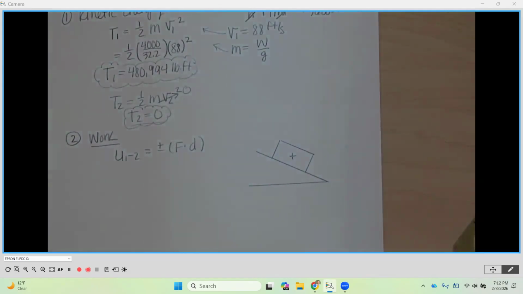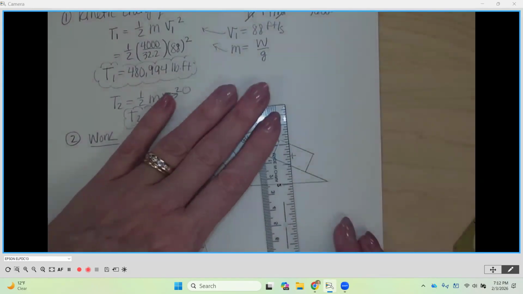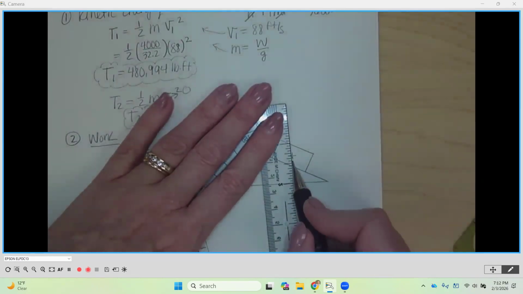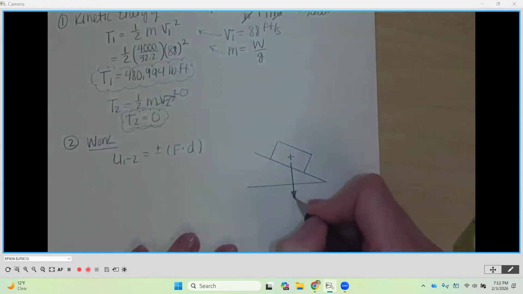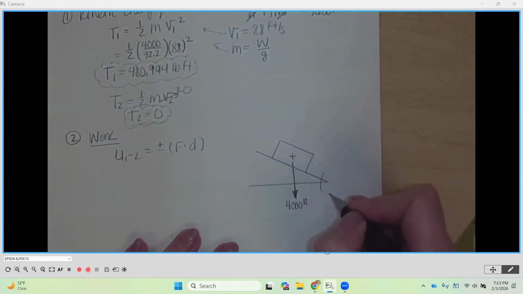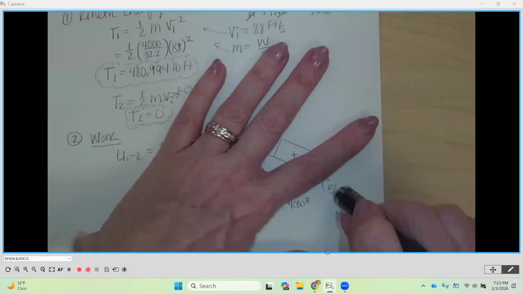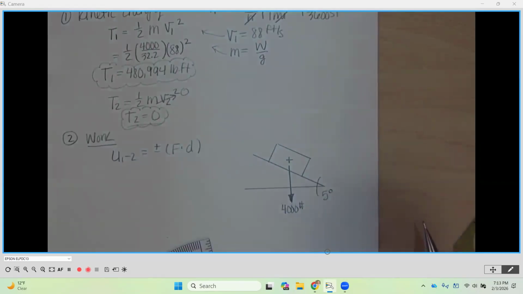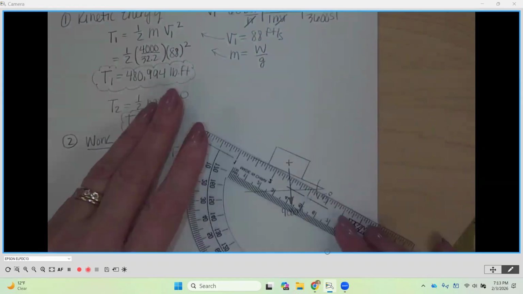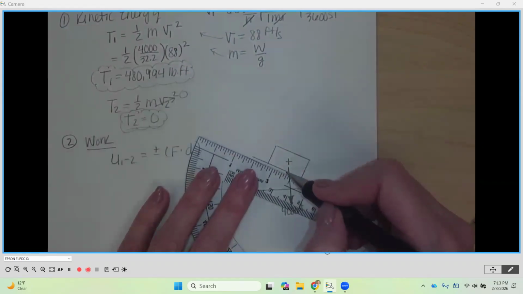Okay. And coming down from that center of gravity is going to be the weight of 4,000 pounds. And this angle is 5 degrees, not 55 degrees. We also know that there's a braking force.